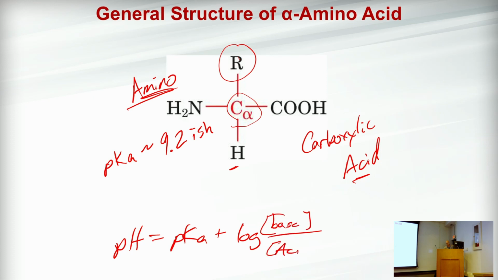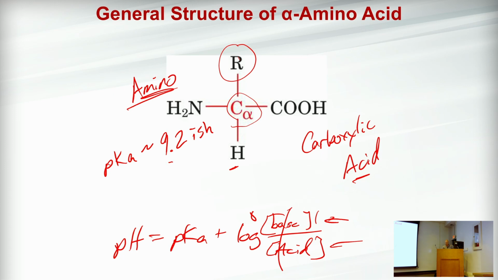When something is 50% protonated, these two values are equal, so this becomes 1, and the log of 1 is 0. So the pKa is actually the pH at which half of a particular group is protonated.